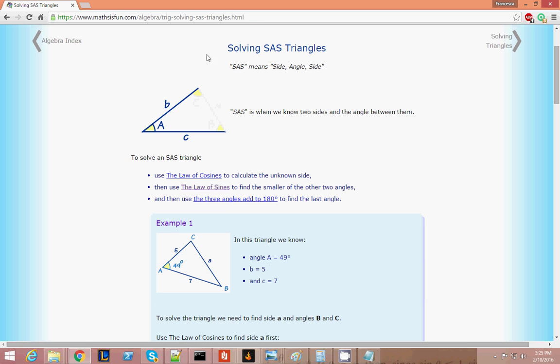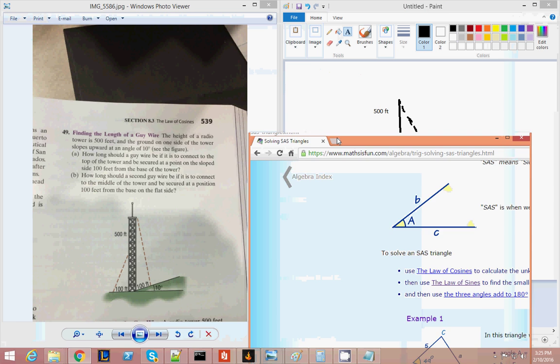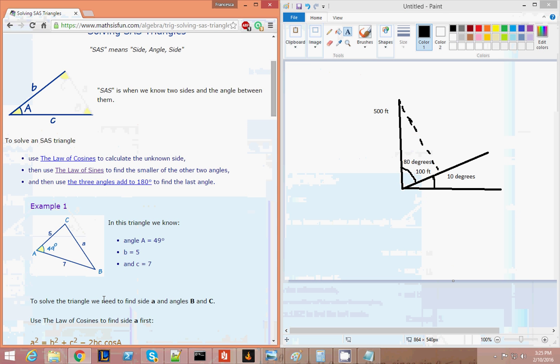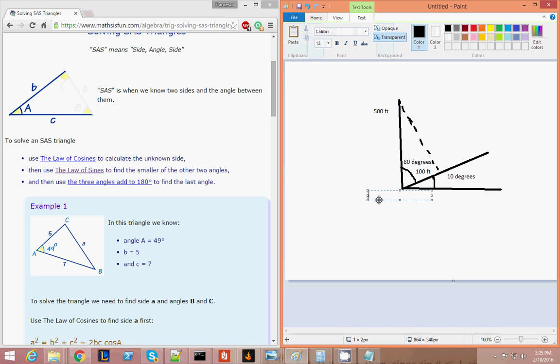We'll say this is angle A, defined as capital A, and we're trying to find lowercase a over here.